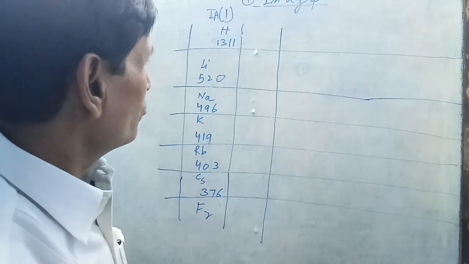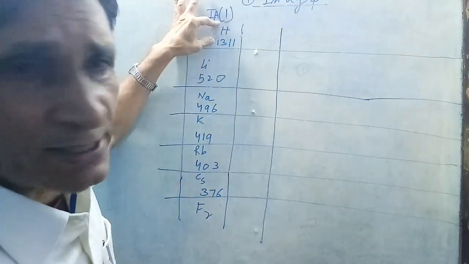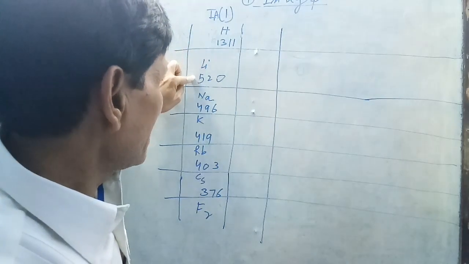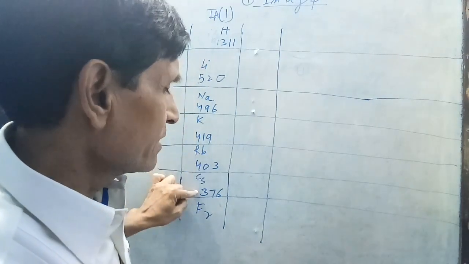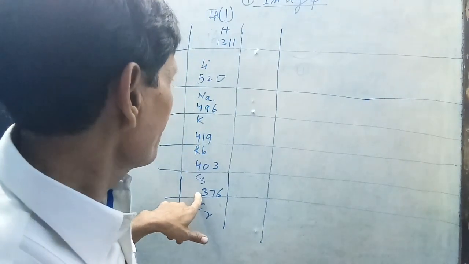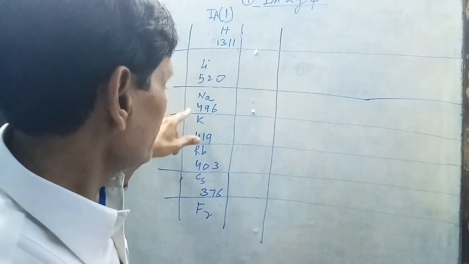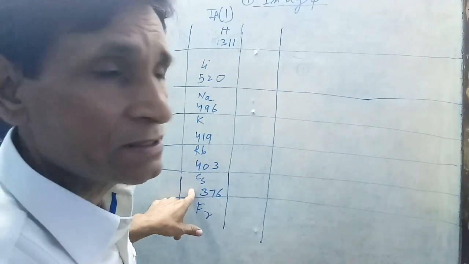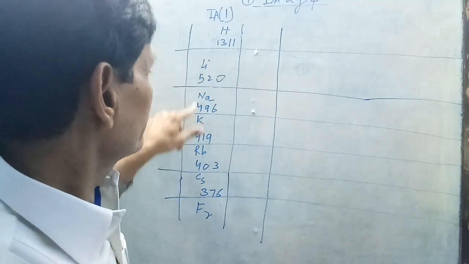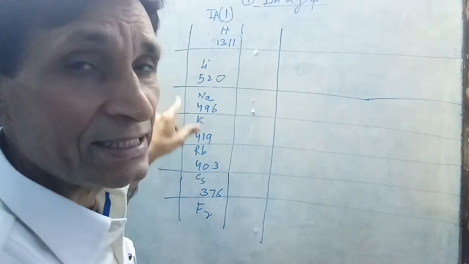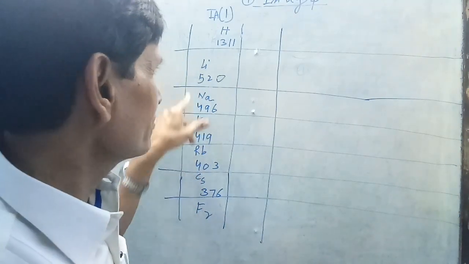See, on going down, hydrogen is an exception. From lithium, you see, ionization energy is regularly decreasing because of the increase in atomic size. Reason: increase in atomic size due to the successive increase in the number of shells, one by one.